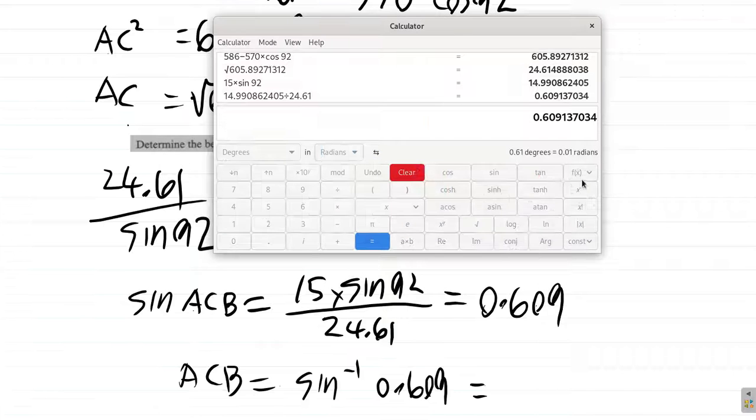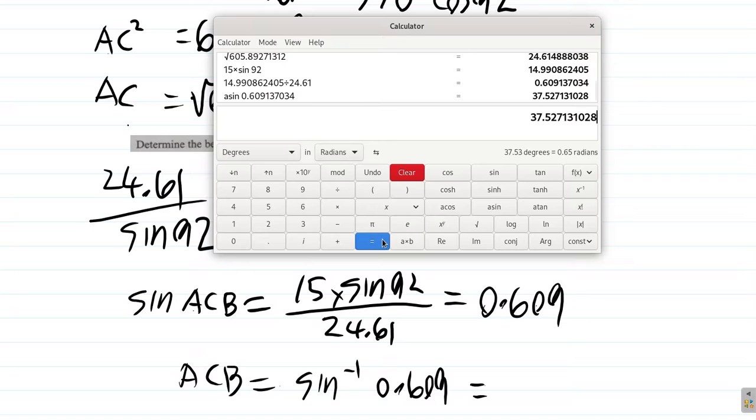So we want to find the sine inverse of that. That's what they call arc sine, inverse sine. So that's what I have on my calculator. Inverse sine of that equals 37.53.